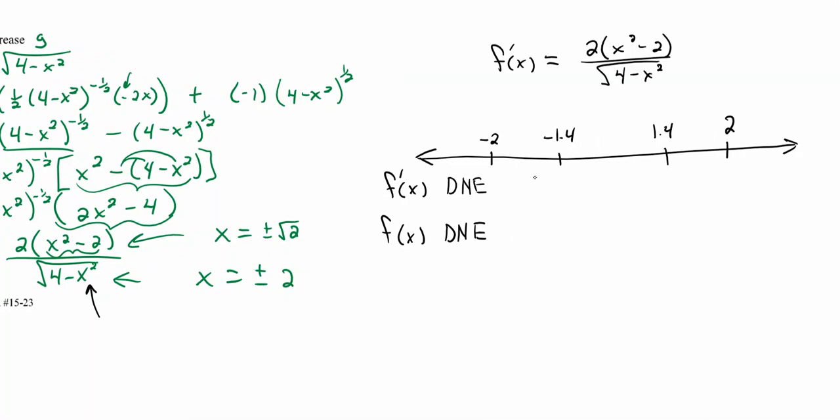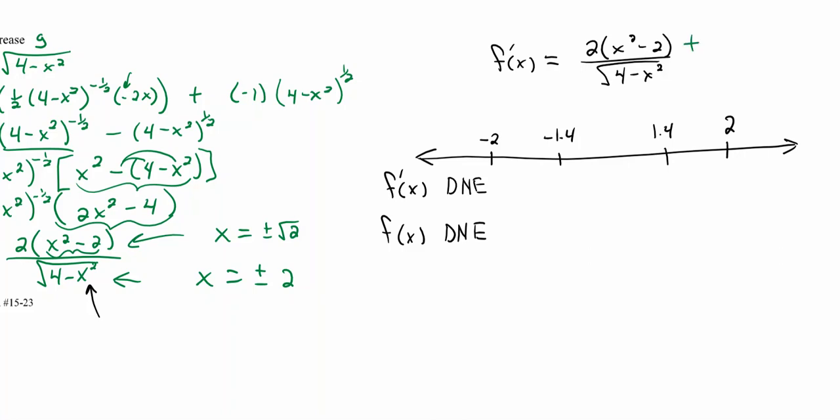All right, so now if we look in this interval, it's a little bit annoying when they're decimals, but same idea. So let's put in a number like negative 1.9. Negative 1.9 squared is above 2, so this is going to be positive on the top.